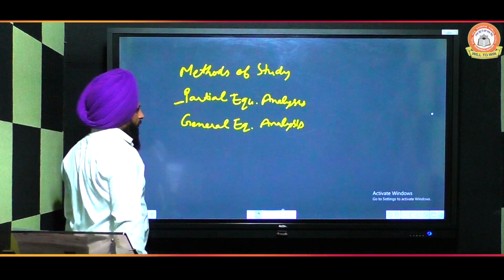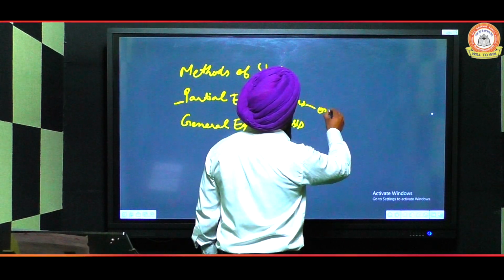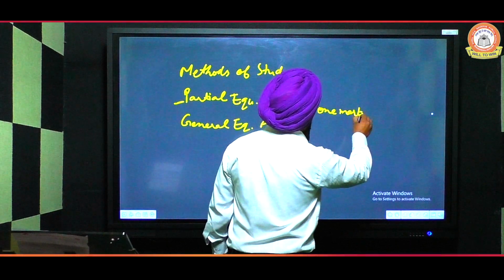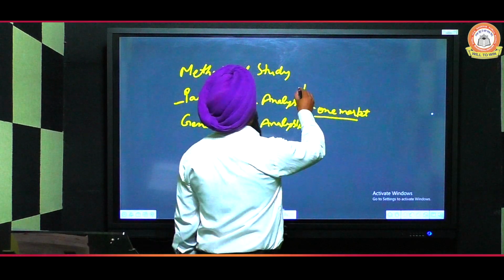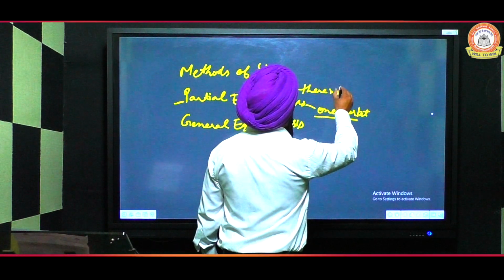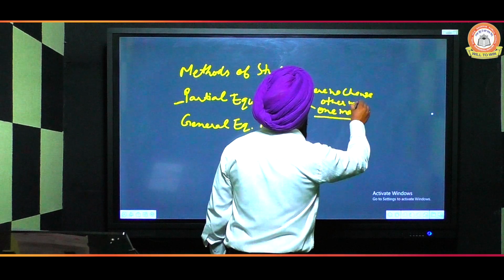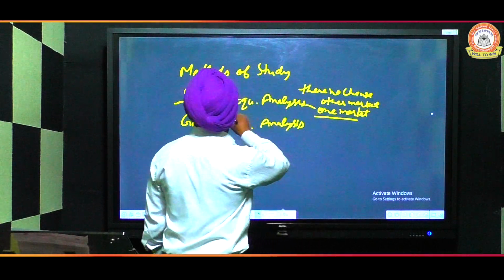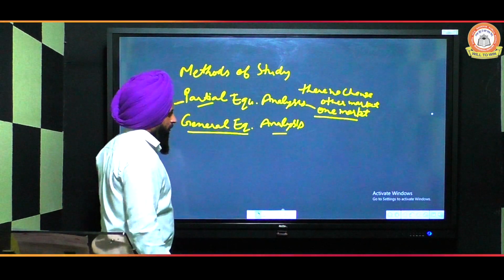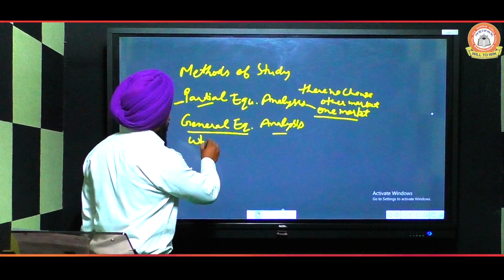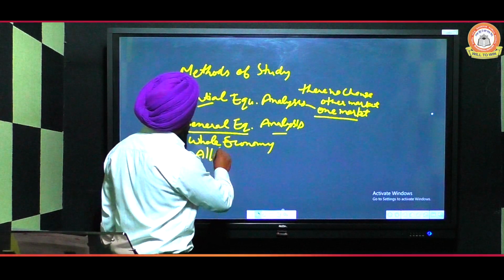Under the partial method, we discuss the economic conditions of one market, meaning only a single market, and we always assume that there is no change in other markets. That is the assumption followed in partial equilibrium. While in the general equilibrium analysis method, we discuss the whole economy or all the markets.